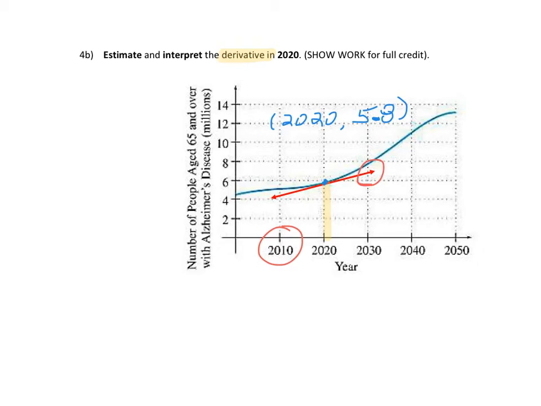Now at 2010, it would appear that the y value on the red tangent line is probably about maybe 4.4, 4.5.